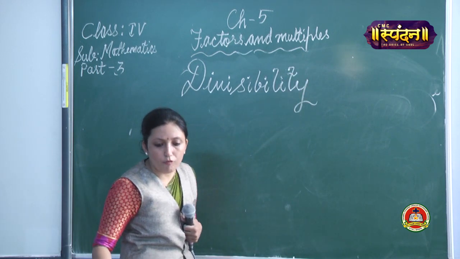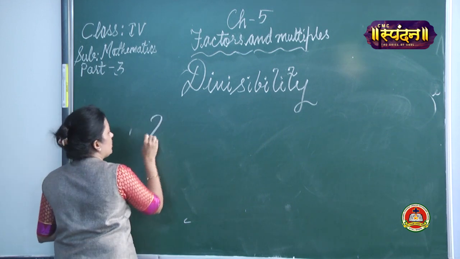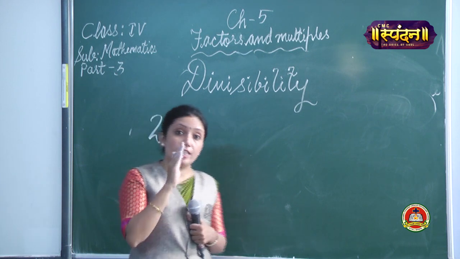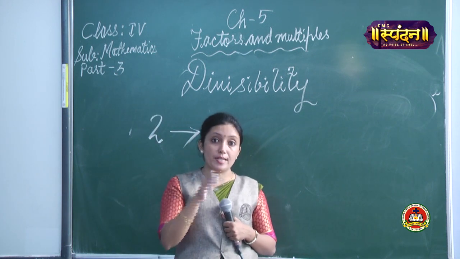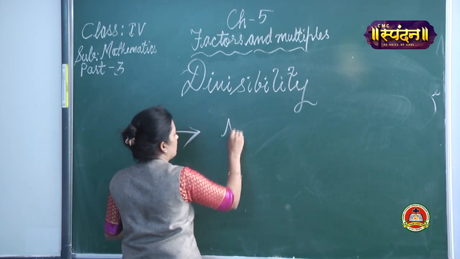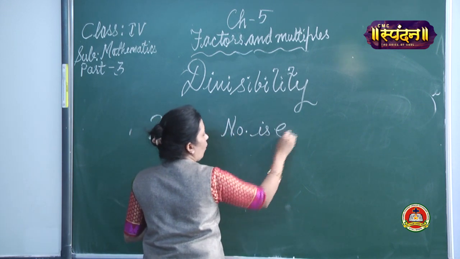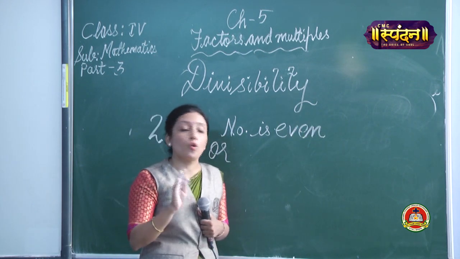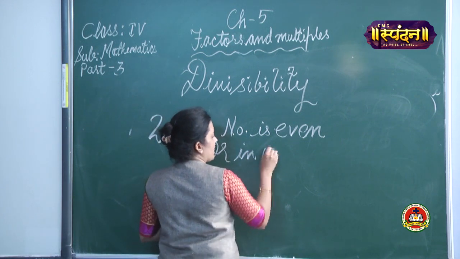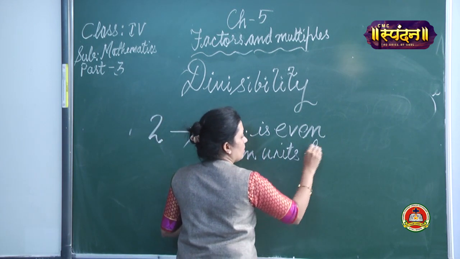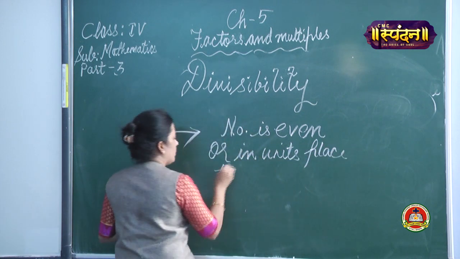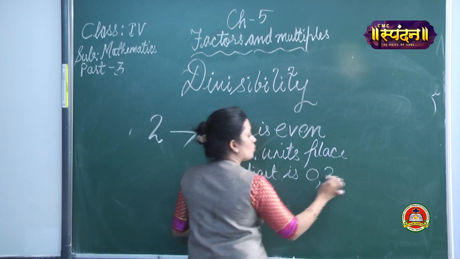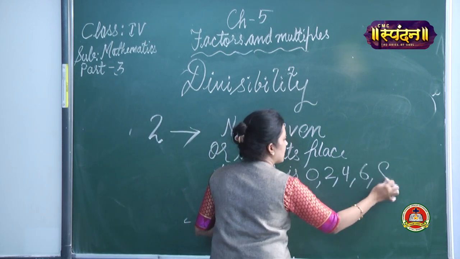Divisibility. Okay, so now first my number, I am checking with 2, what is the rule for 2. Children, the rule for 2 is, if the number is even, or in the units place the digit is 0, 2, 4, 6, 8.